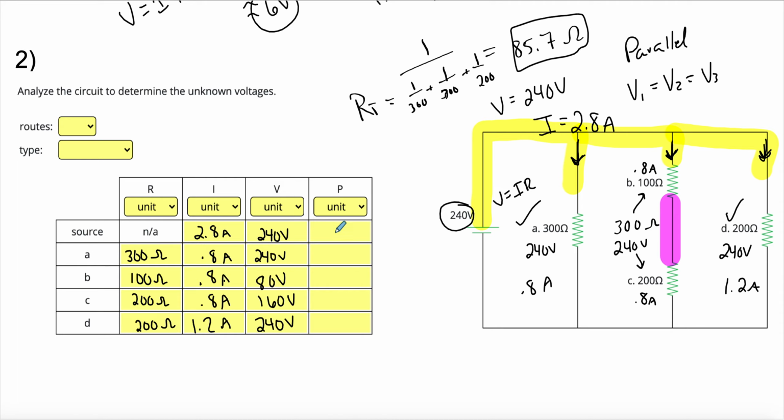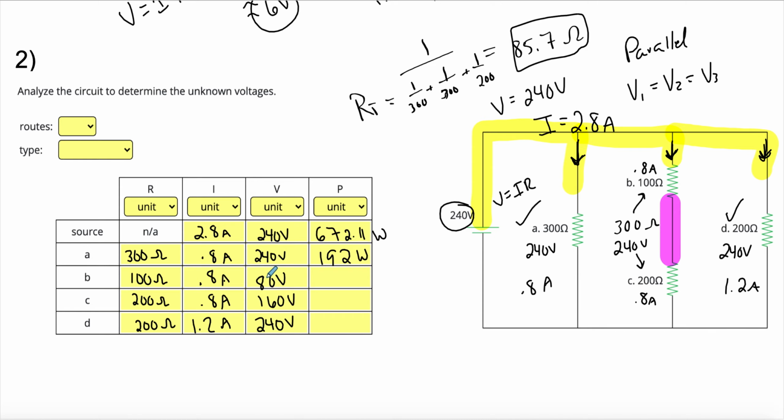And then power, we need to figure that out. That's just volts times amps. So take those two times each other, and you get your power. So I have 672.11 watts. And then we just multiply these. 240 times 0.8. That's 192 watts.